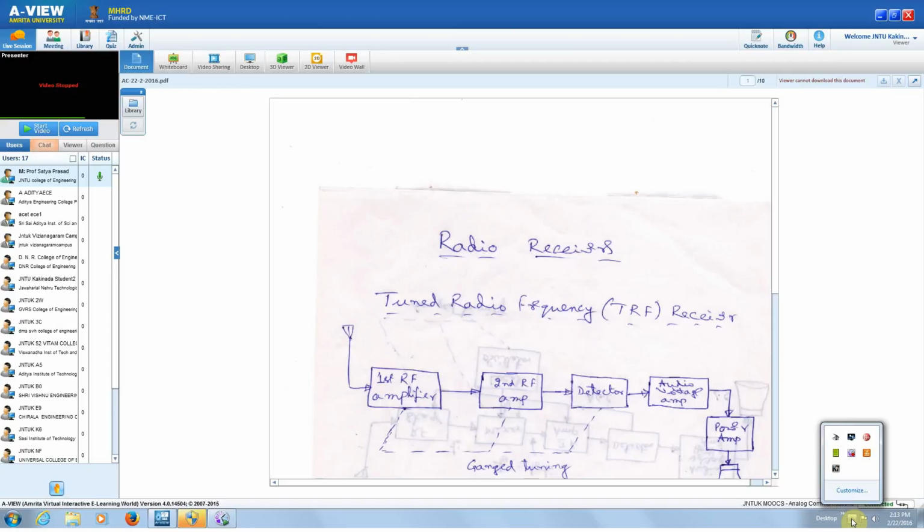We are radiating in the isotropic way, therefore 1 by r square will be coming and so on. Therefore the received power that we will be having will be in the order of milliwatts or microwatts.